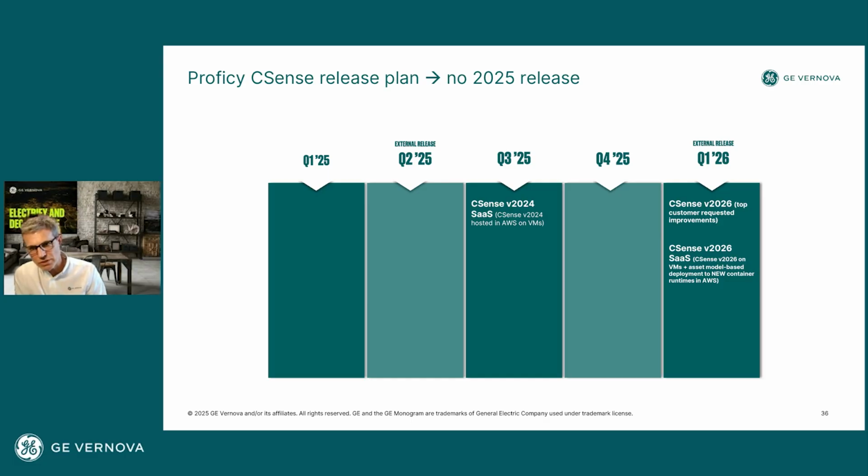Then our next major release will be in collaboration with other Proficy products, typically in Q1 next year, where we are looking to release the next big version, which will be CSense 2026.